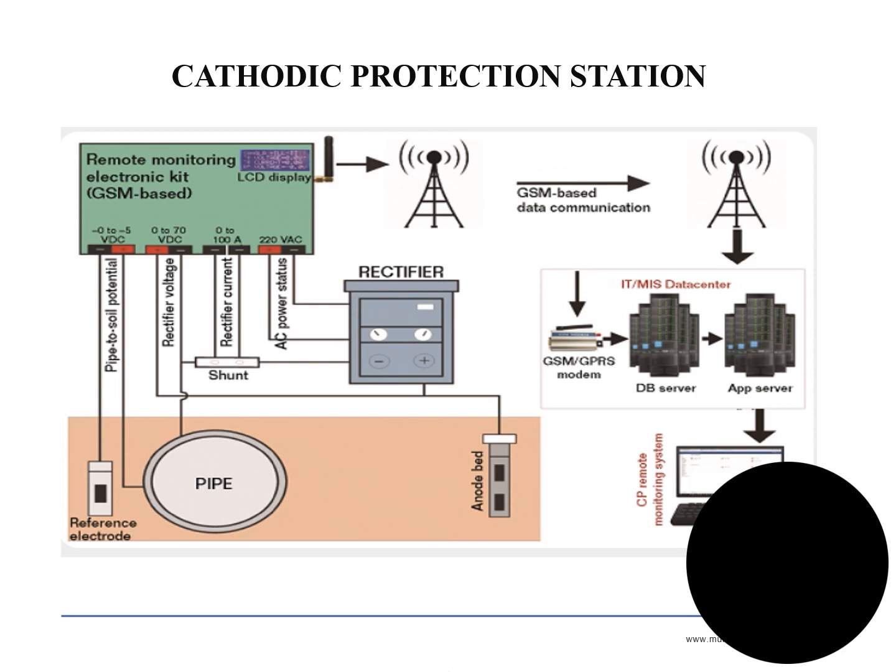It's a remote monitoring electronic kit, and GSM based. My idea is, as you know, there are maximum power outages Pakistan is facing. As all the transformer rectifier units are connected to the AC supply, there's a lot of load shedding in Pakistan.